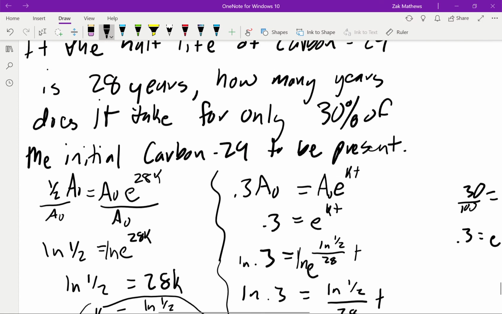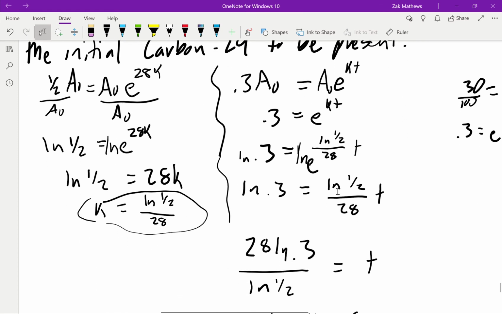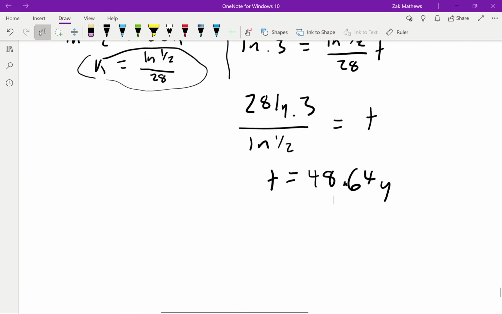And so what this tells me, remember what our units were. Half-life of carbon-29 was 28 years, so my time variable is clearly years. We wanted 30% to be left, so what this tells me is it's going to take 48 years for 30% of the initial carbon to be present.